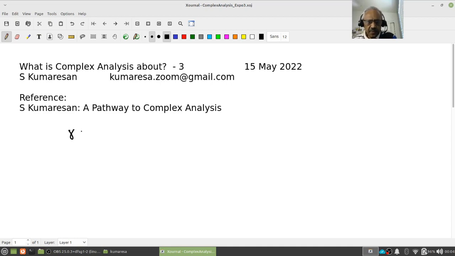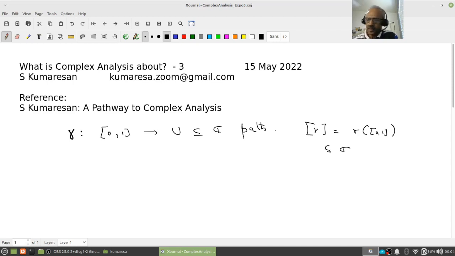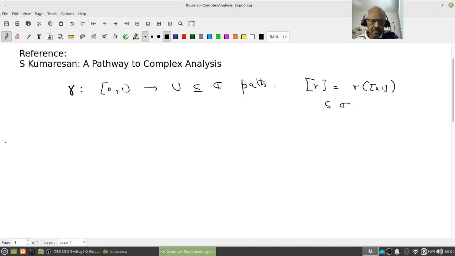Suppose gamma is a path. By gamma I also denote the image of gamma. This is a subset of C, and notice that this is a compact subset.